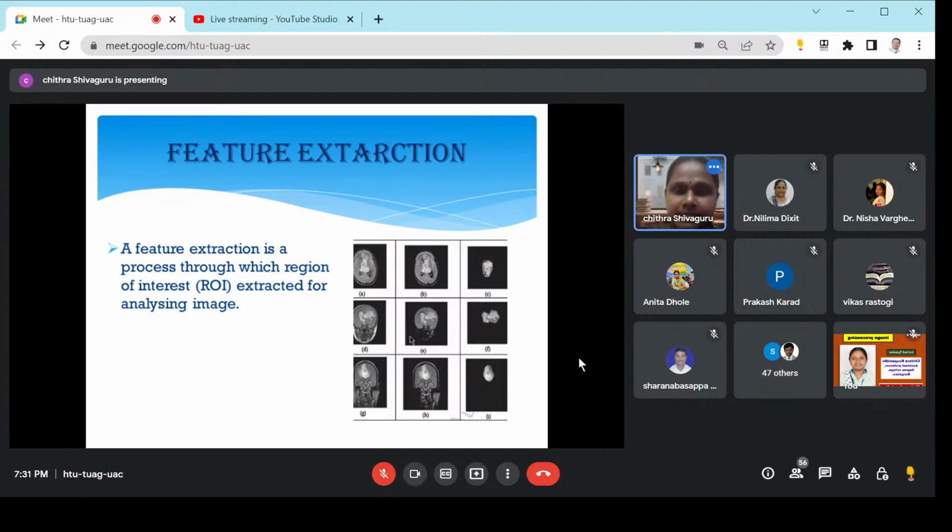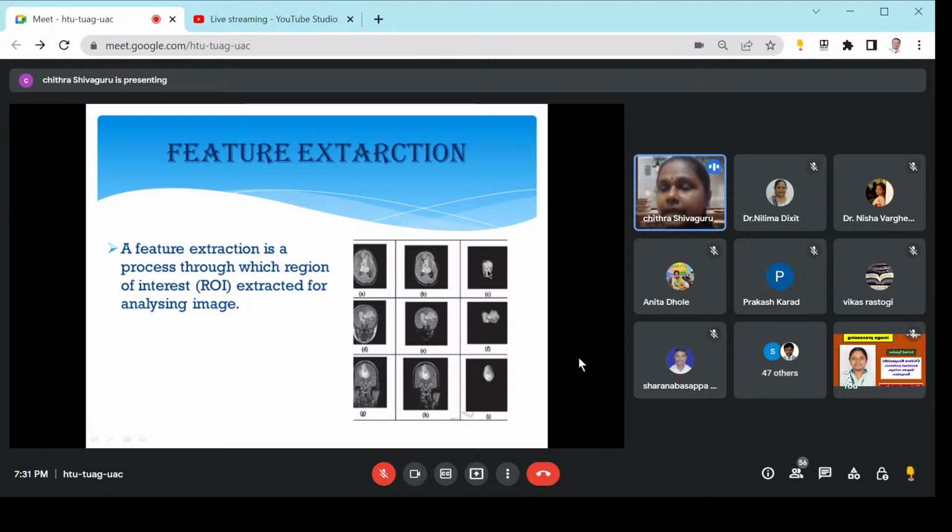So extracting the features we need for further classification from the region of interest is called feature extraction. In the example from figure AB, this feature is being extracted.